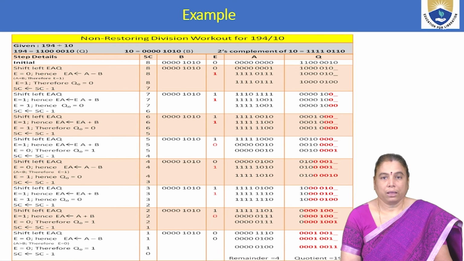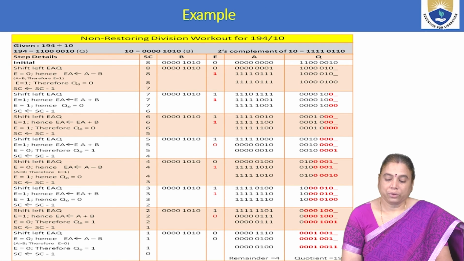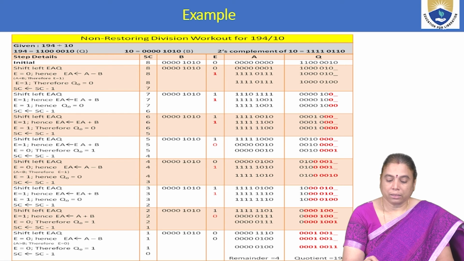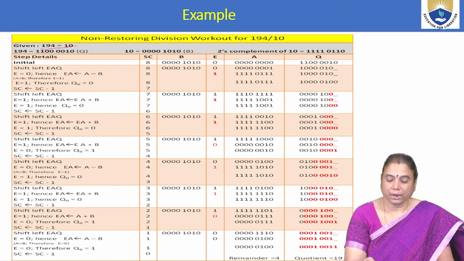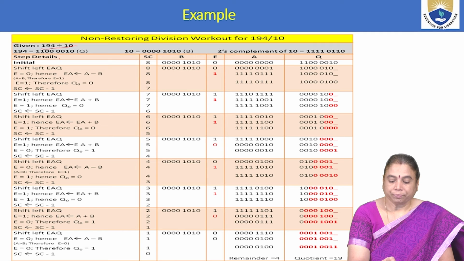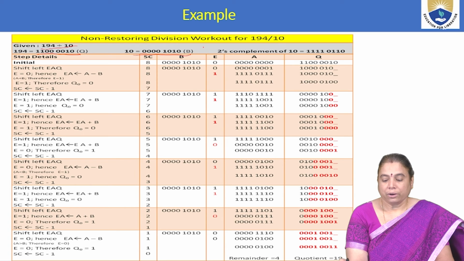Now consider one example of how the non-restoring division algorithm works. Here the dividend value is stored in Q and the divisor value is stored in B. In order to perform the subtraction, the 2's complement of the divisor is considered.